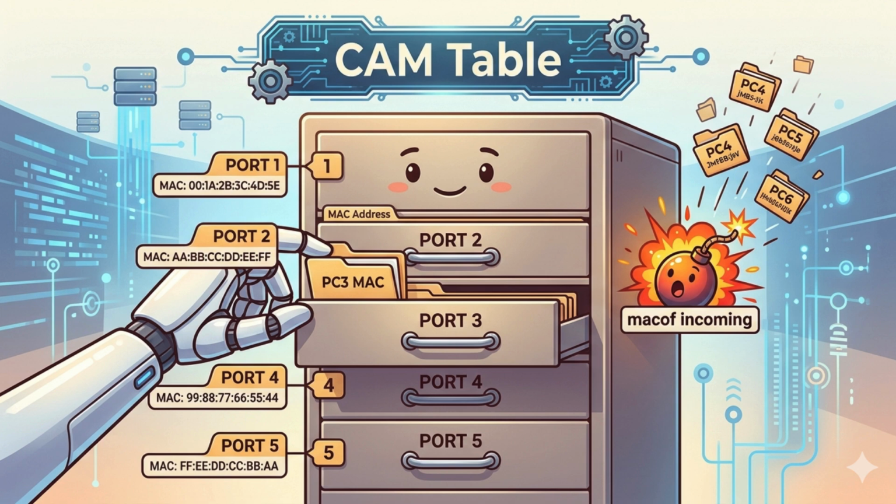This is smart, fast, and private, but the CAM table has a size limit, usually a few thousand entries. Once full, the switch cannot learn new addresses, and that's where macof comes in. It fills the table with garbage, so the switch forgets how to do its job.